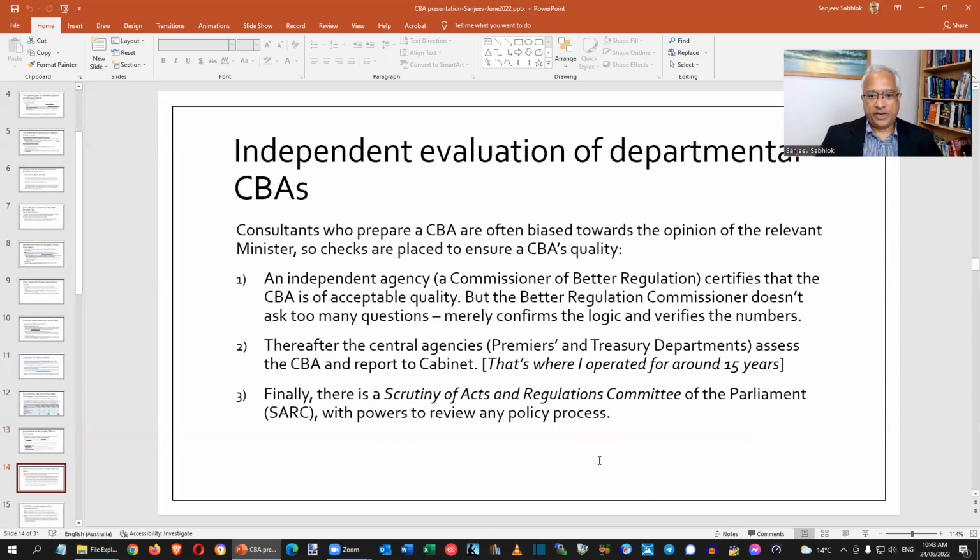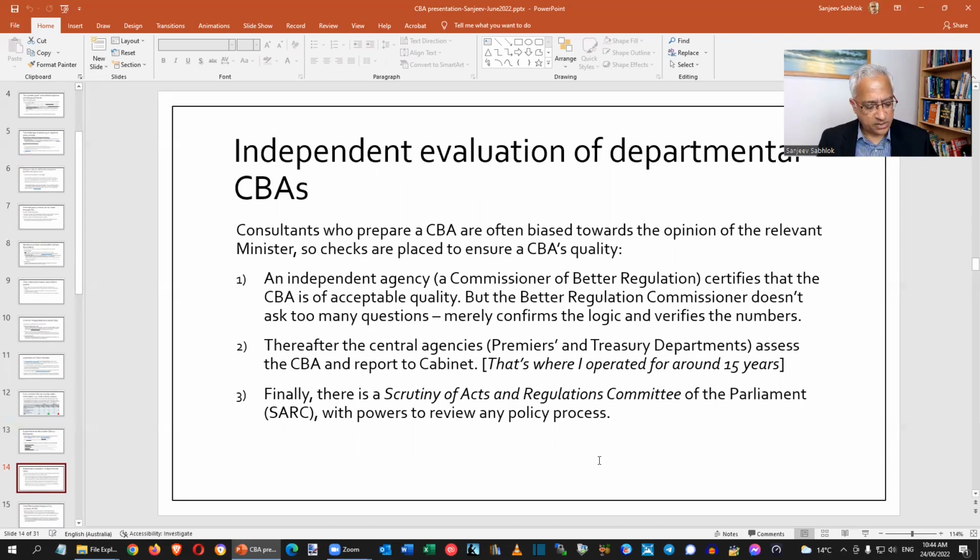The thing about departments is obviously that it's not expected that they prepare perfect CBAs themselves. And even if they have consultants, they can be heavily biased towards the minister's opinion. That's one of the unfortunate facts of life, that the consultants themselves are heavily biased. So what happens then is we have three methods in Victoria and across Australia, similar methods, where there's an independent agency that will actually certify that the cost-benefit analysis is of acceptable quality.